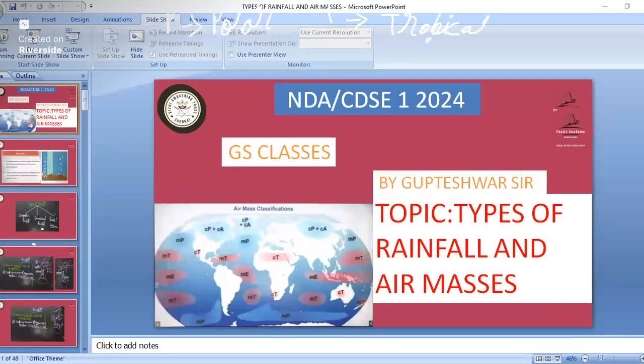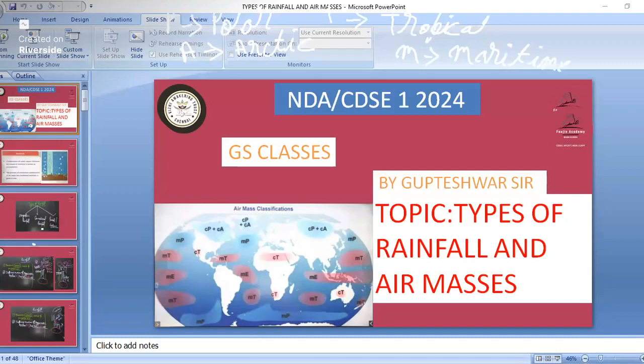A means Arctic and C means continental. By studying these, you can easily guess what type of air mass will be present in those parts. M means maritime. So remember this shorthand.